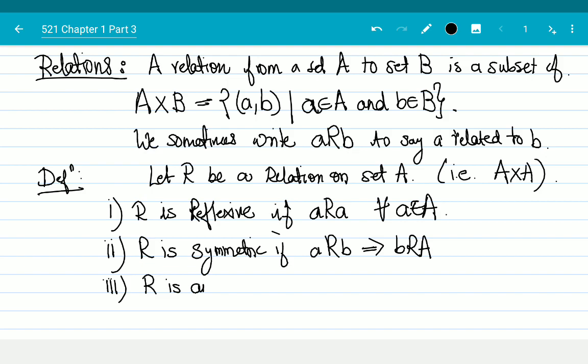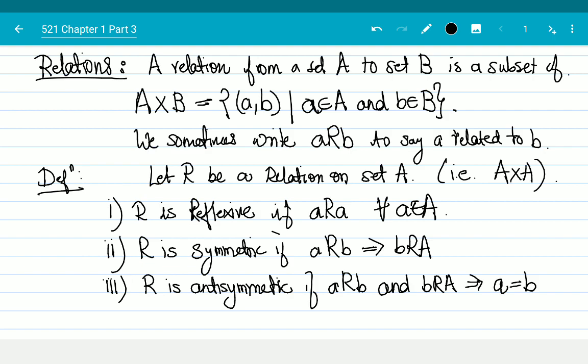R is anti-symmetric if A R B and B R A implies A is equal to B.